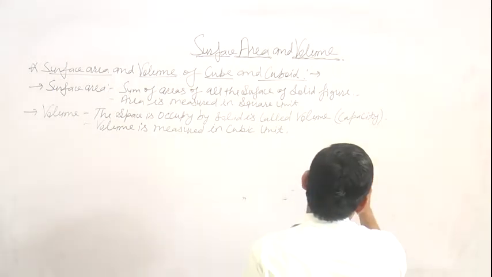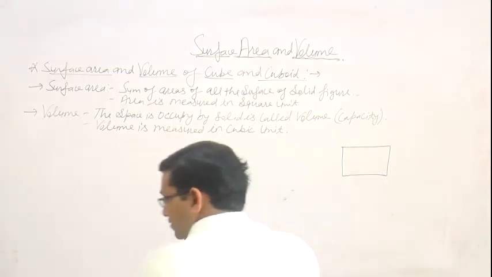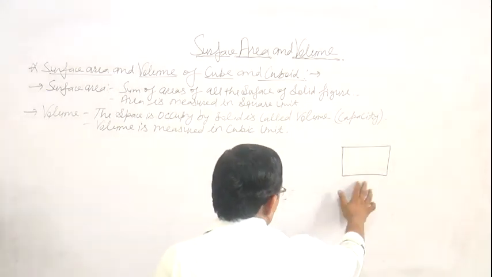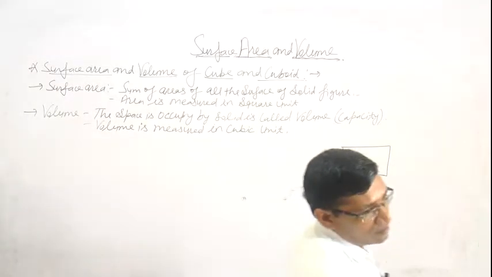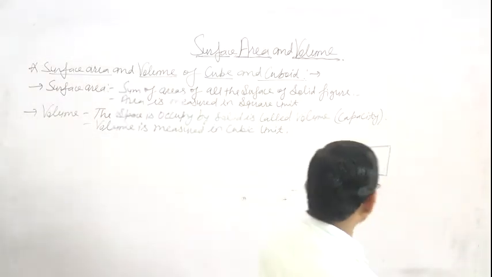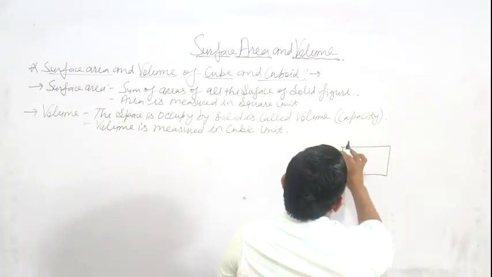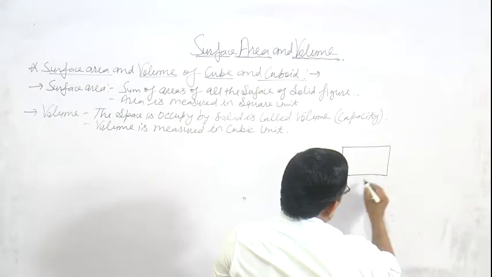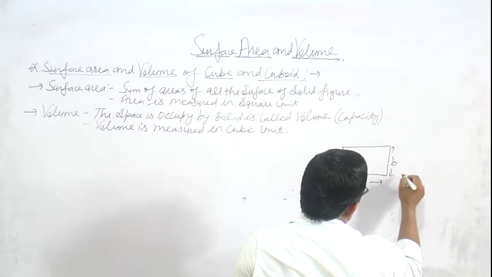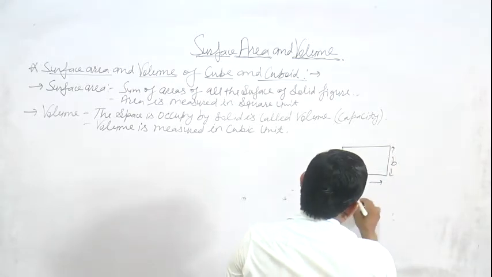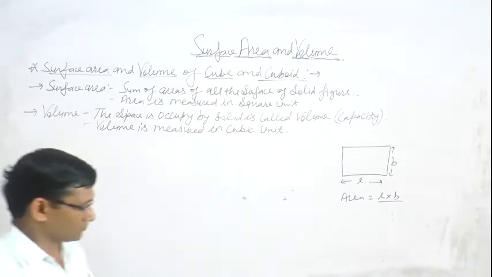Suppose a simple example. This is the face of a cuboid, because a cuboid has rectangular faces. So area of a rectangular face, suppose this is length and this is breadth, so area is equal to length multiply breadth.